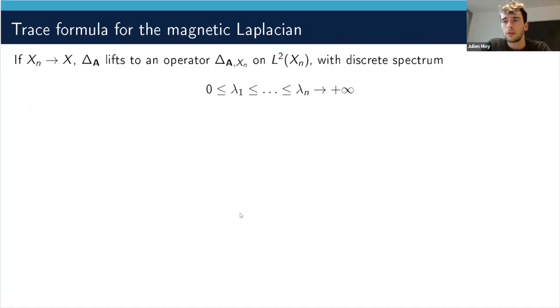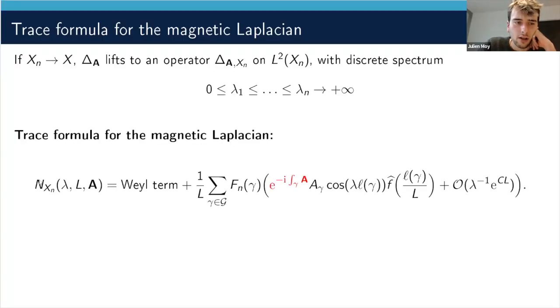And so when we work with the magnetic Laplacian, this operator also lifts to an operator on a cover of degree n, which has a spectrum, a non-decreasing sequence of eigenvalues that are positive. Okay. And again, one may look at the counting function of eigenvalues for this new operator.